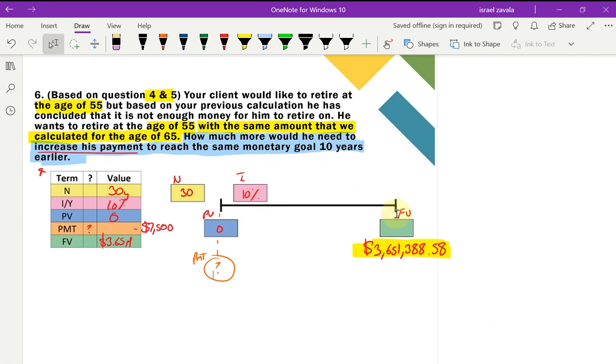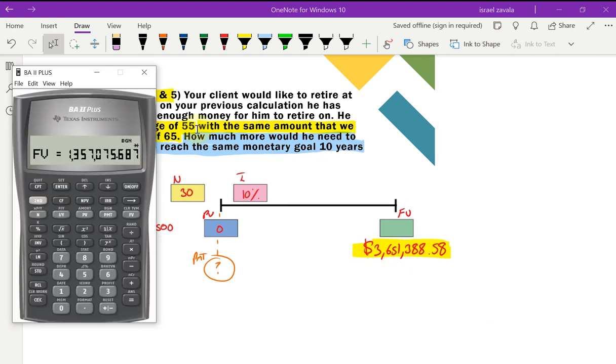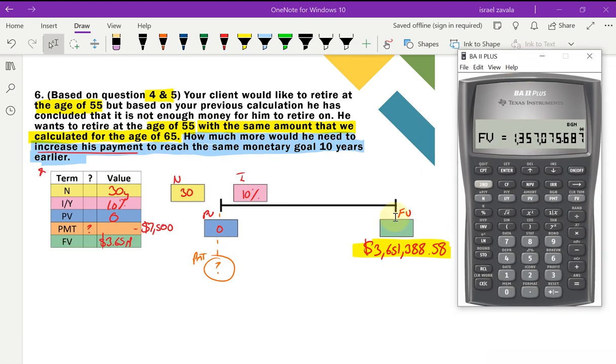Let's go back to our financial calculator. I know that to get back to this number, I just need to change the N, then I can compute the future value. That's my original problem, 3.651. Now, let's just start over, because I'm worried that I might confuse you by the way I'm doing it.